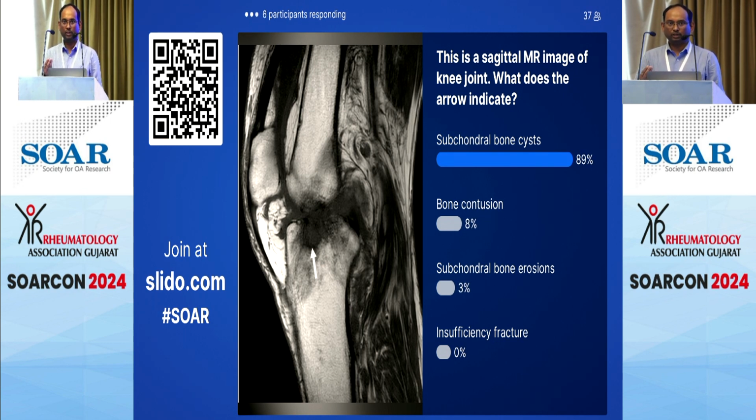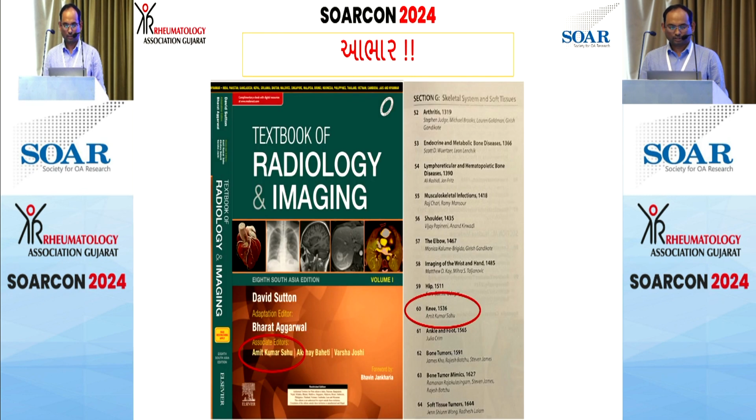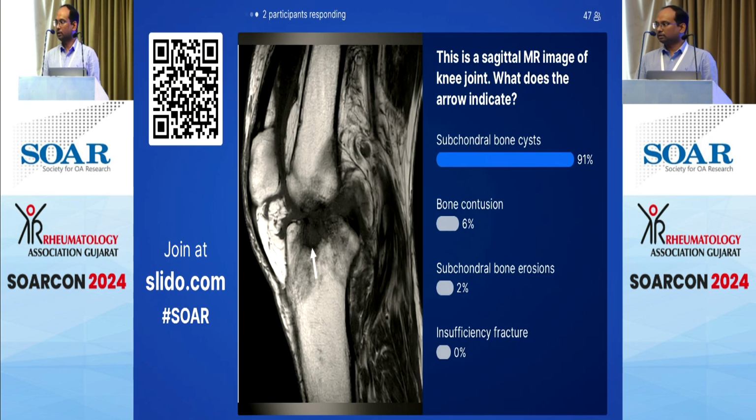There is a combination of uniform joint space reduction, cartilage loss, erosions, osteophytes and subchondral cysts. So we are getting the picture of osteoarthritis, although uniform joint space reduction goes against osteoarthritis.